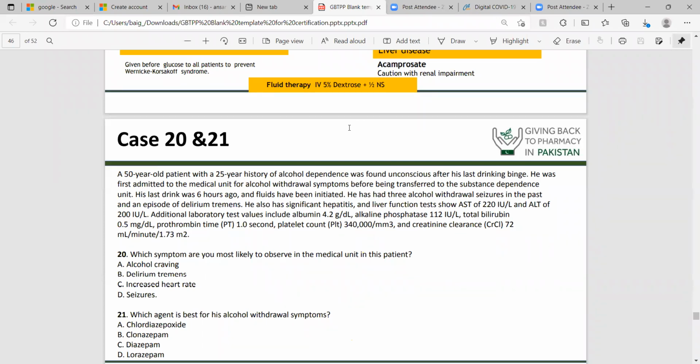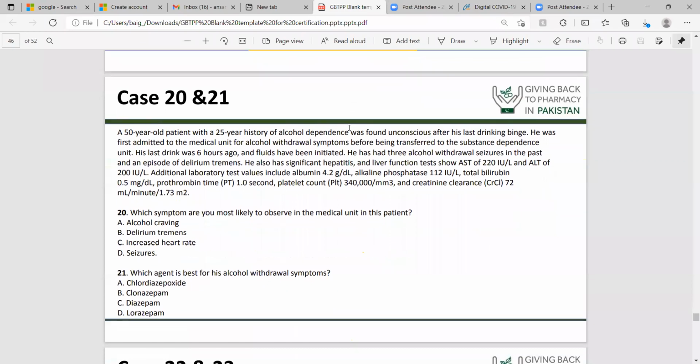He also has significant hepatitis and liver function tests show AST of 220, ALT of 200. Additional laboratory values include albumin, alkaline phosphatase, total bilirubin, prothrombin time, platelet count, and creatinine clearance of 72 ml per minute. Which symptoms are you most likely to observe in the medical unit in this patient?